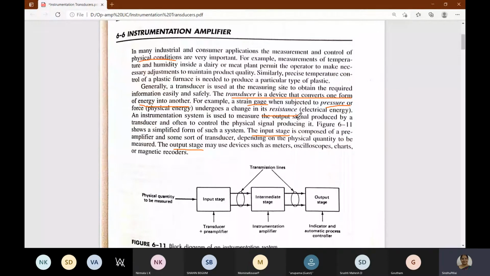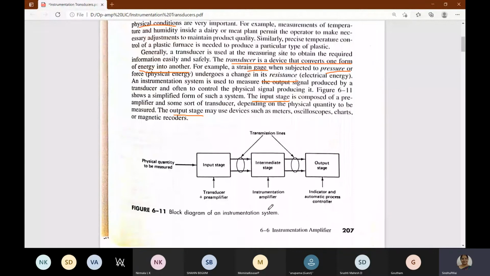Before going to the circuit diagram, we'll see the block diagram of the instrumentation system. In the block diagram, we have three stages: the input stage, the intermediate stage, and the output stage. In between, we have the transmission lines. The physical quantity to be measured is given to the input stage.